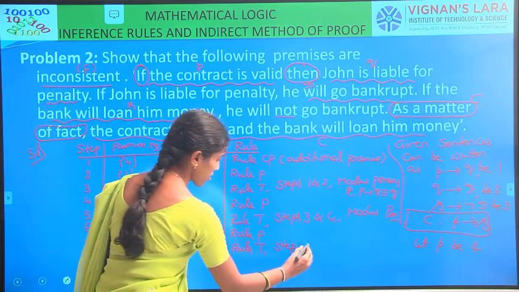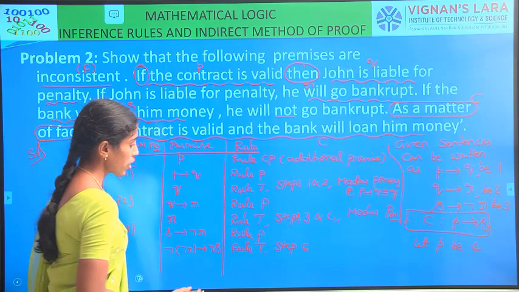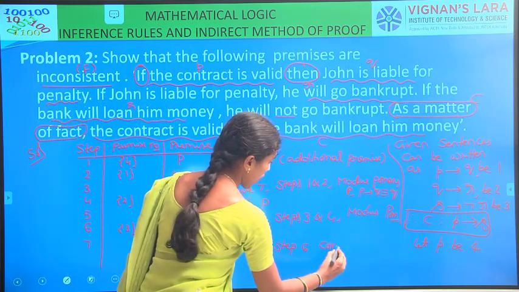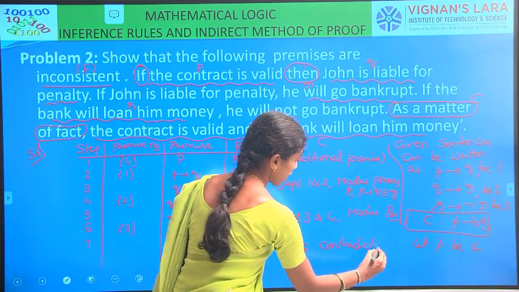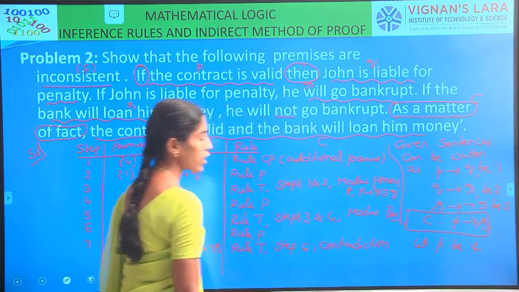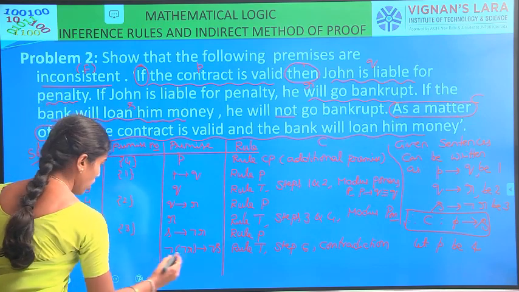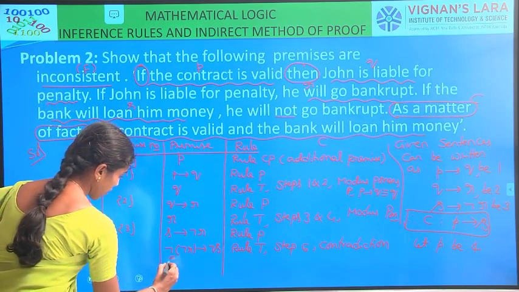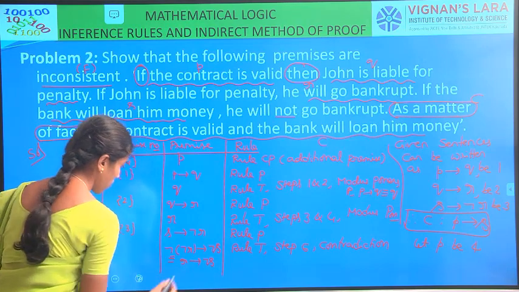Step number 6. And which formula are we using here? Contrapositive. Because we already say that an implication and its contrapositive are both equivalent. What is this one? It is equivalent to R conditional negation S.